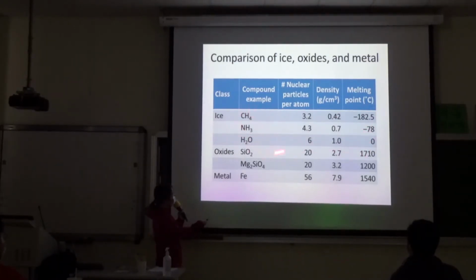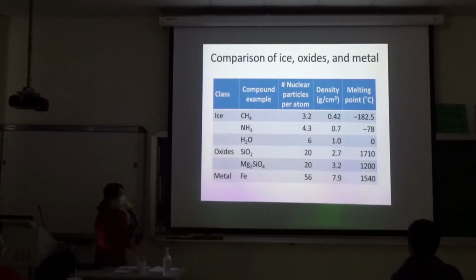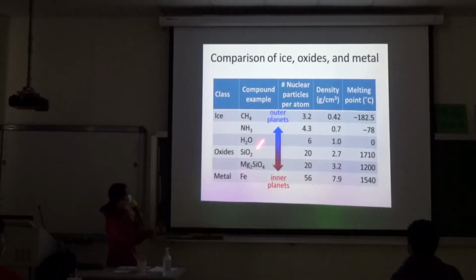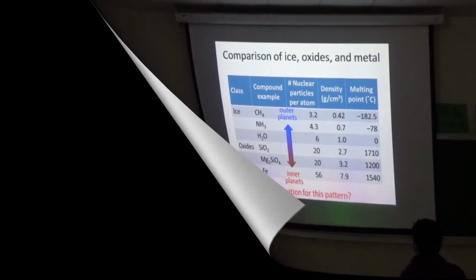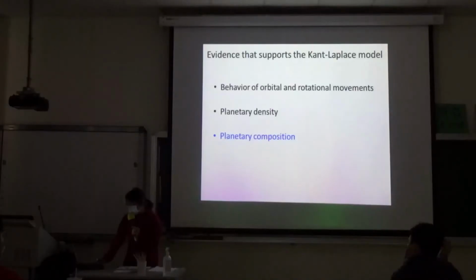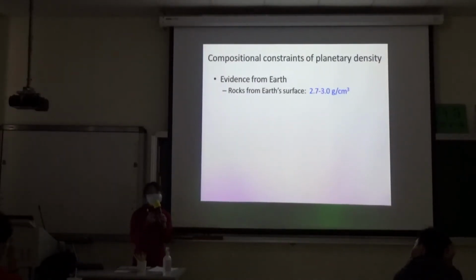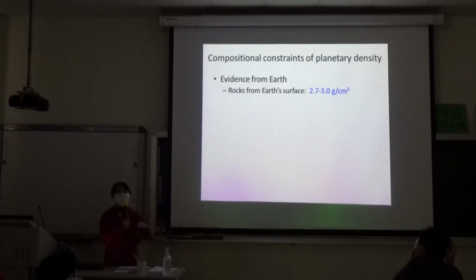You see that ice has a low melting point, so they are volatile. Therefore, they might be the main component in that planet. So, outer, inner composition. Okay, so far everything is circumstantial, 就是间接的.